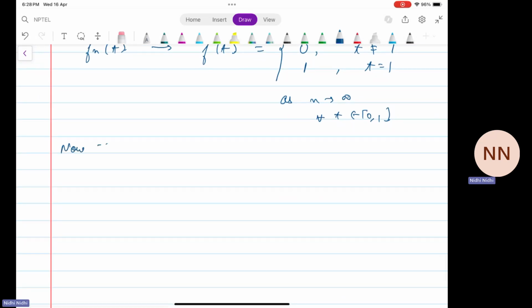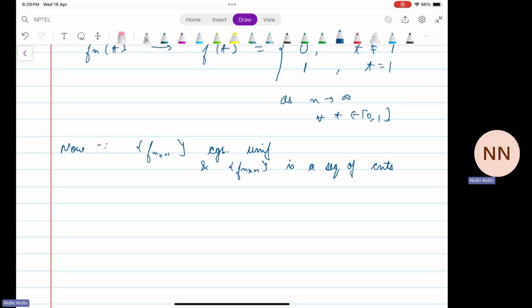Now, since Fnk plus 1 converges uniformly, and Fnk plus 1 is a sequence of continuous functions, then the uniform limit is also continuous.